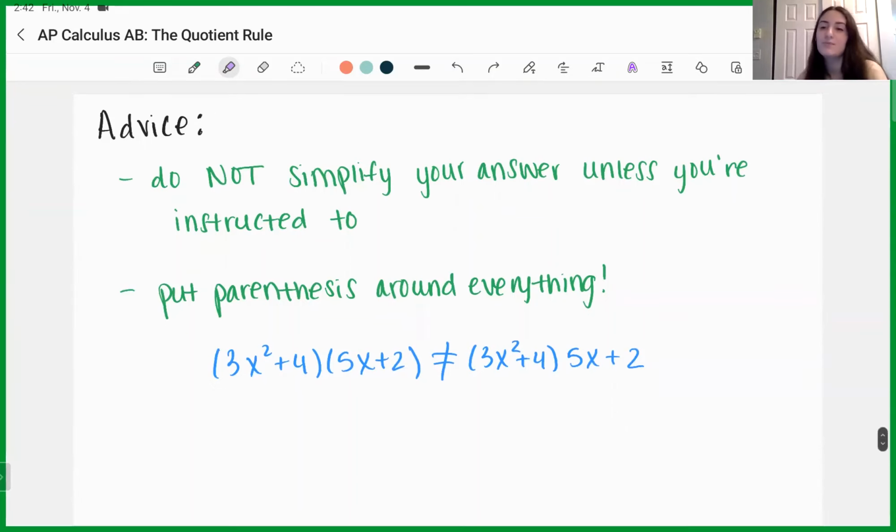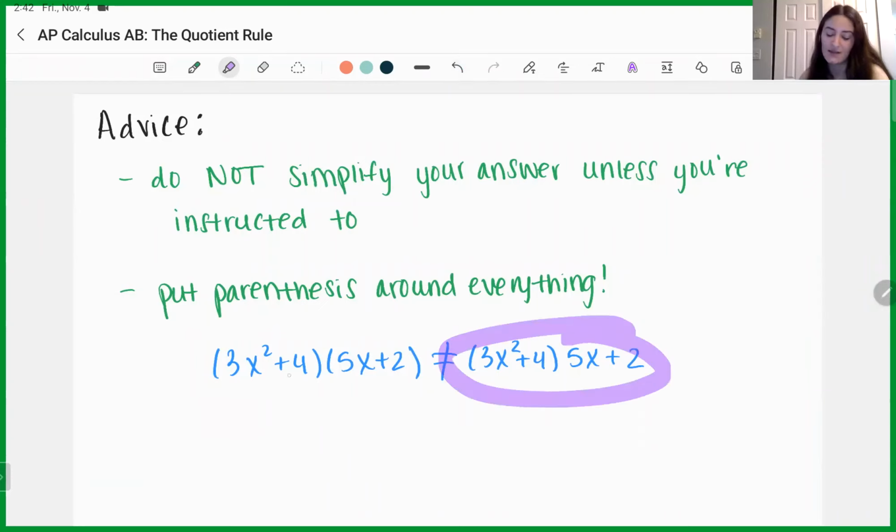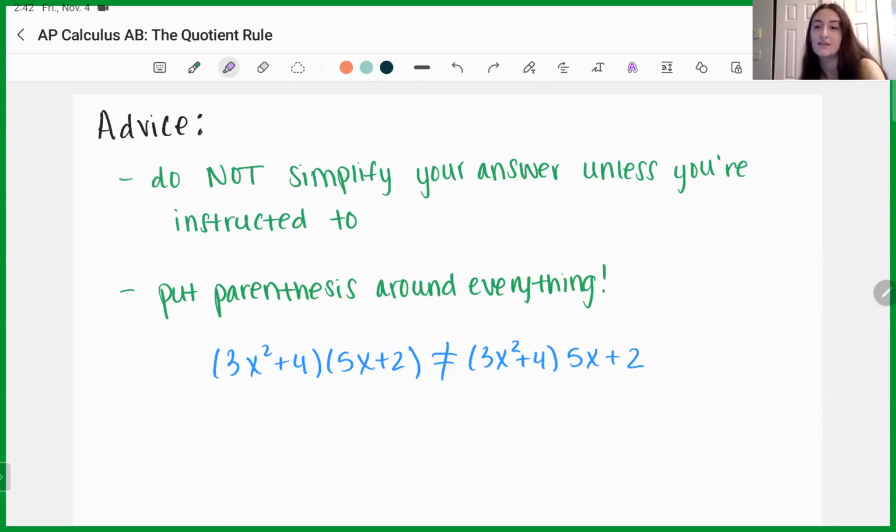And then please put parentheses around everything. A lot of students will do what I have written in blue here. They'll put this expression on the right instead of what's on the left. But these two things are not the same. When you put parentheses around these expressions, it changes the meaning. There are some situations in quotient rule where you could get away with not using parentheses.